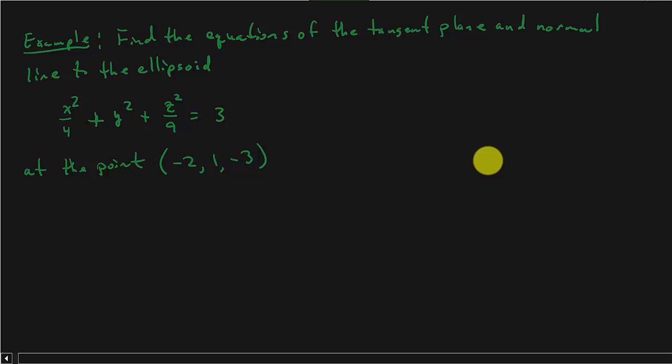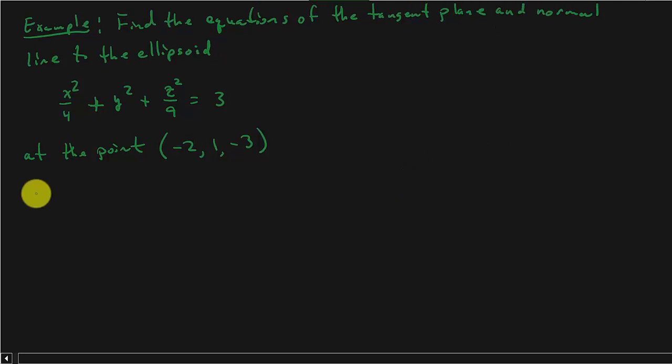It says find the equations of the tangent plane and normal line to the ellipsoid x squared over 4 plus y squared plus z squared over 9 equals 3 at the point (-2, 1, -3). All right, so we have f of x, y, z equal to x squared over 4 plus y squared plus z squared over 9.